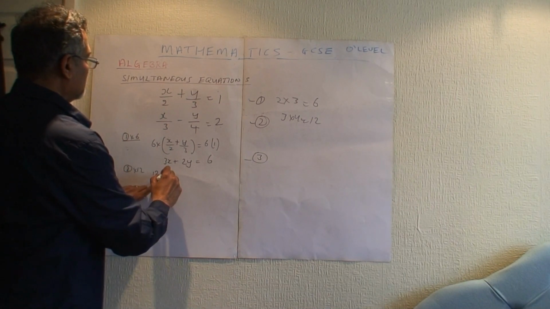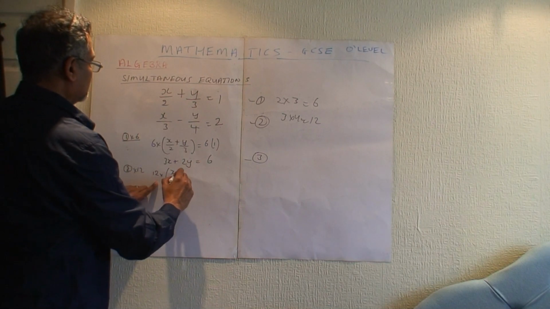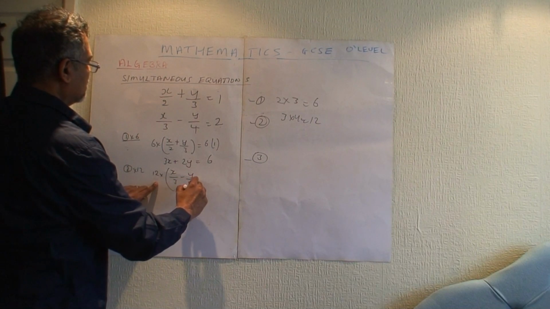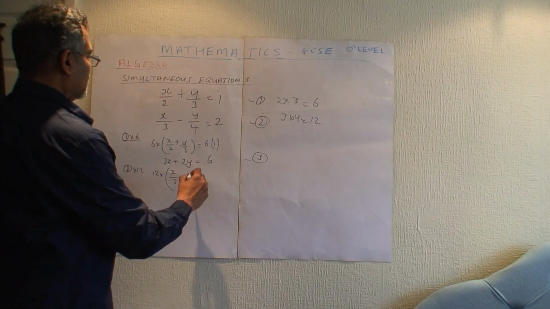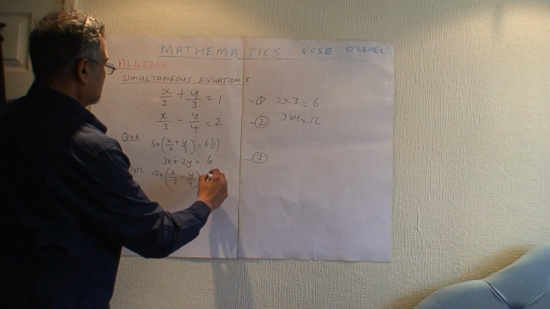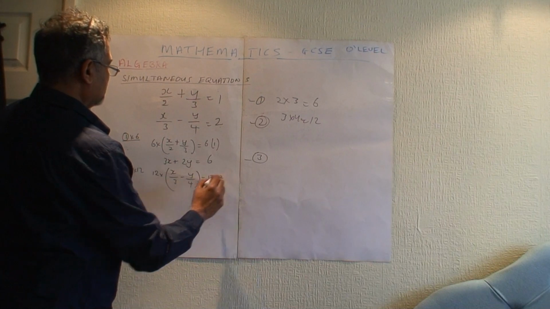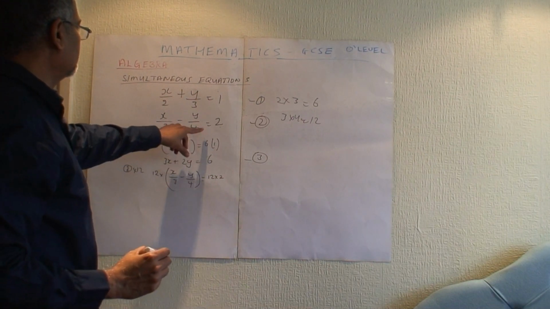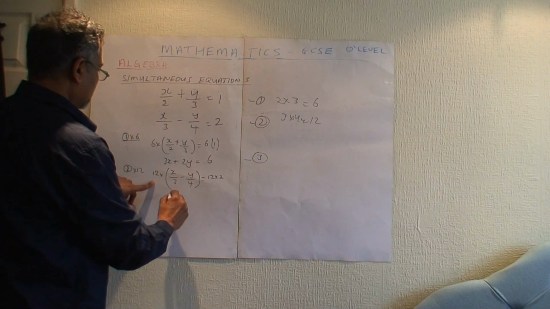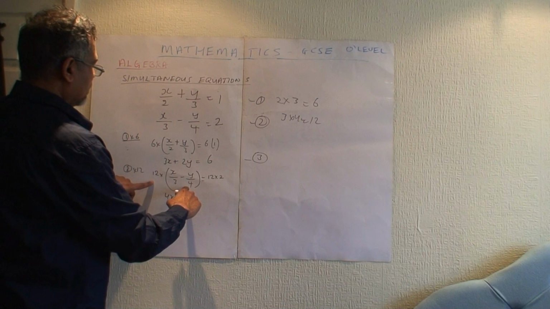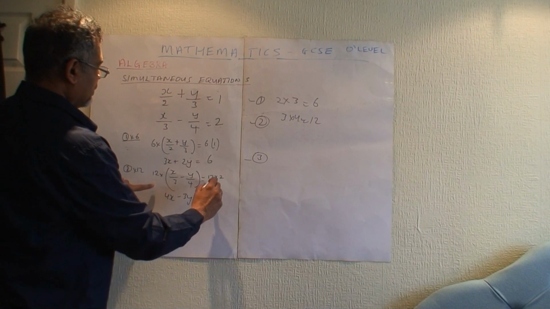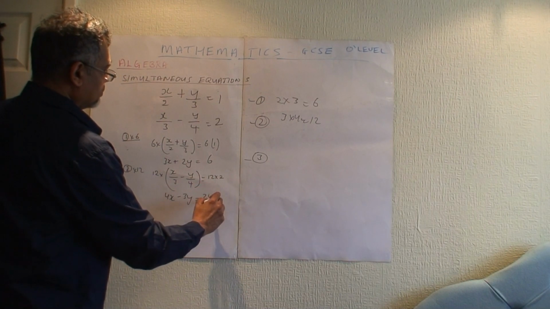So we have 12 multiplied by x divided by 3, y divided by 4, and that's equal to 12 multiplied by 2. So you multiply both sides. So 3 into 12, that's 4x. 4 into 12 becomes 3y, and 12 multiplied by 2 is 24.